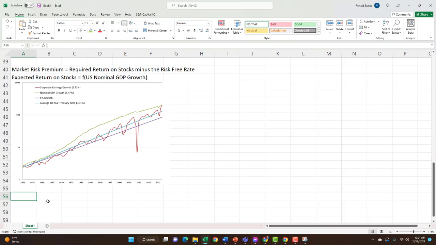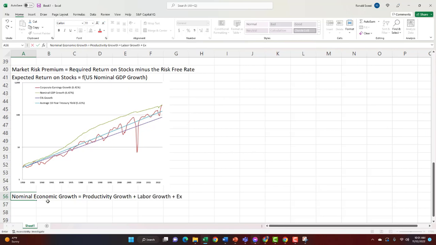And so if that's the case, then nominal economic growth is going to equal productivity growth plus labor growth plus expected inflation. So we have a chart for that as well.